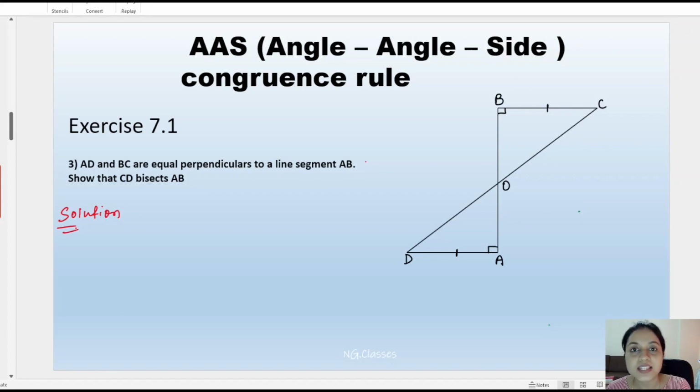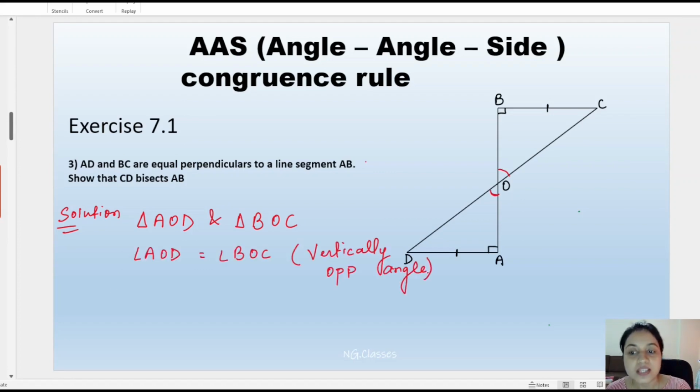So as we can see here, we have two triangles, AOD and triangle BOC. Now we can see here that angle AOD will be equal to angle BOC. Why? Because these two are vertically opposite angles, right? Let's write it.